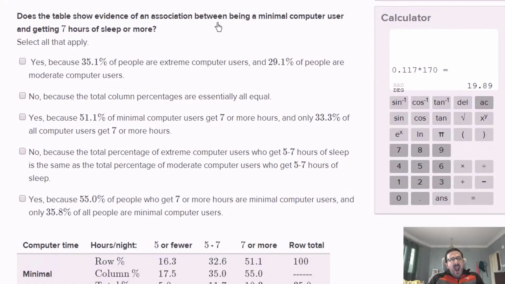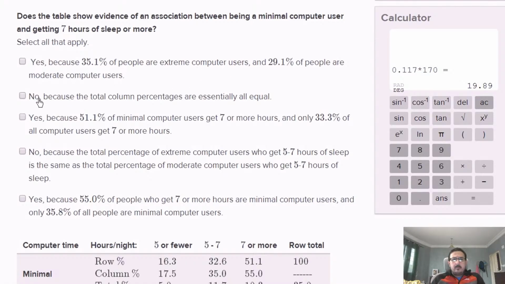Does the table show evidence of an association between a minimal computer user and getting 7 hours of sleep or more? So, yes, because 35.1% are extreme computer users and 29.1% of people are moderate. Well, I go with the yes, but this doesn't seem to really back up the claim. This is just giving us some random data about the percentage that are extreme computer users or moderate computer users.